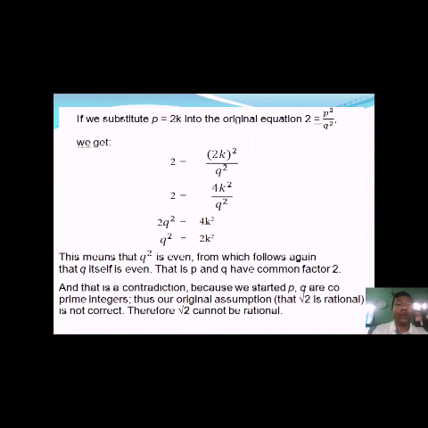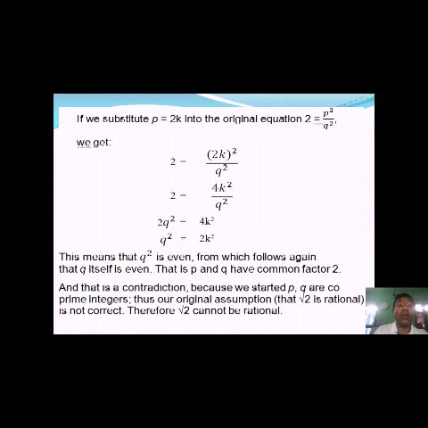If we substitute p equal to 2k into the original equation, that is 2 equal to p square by q square, we get 2 equal to twice k whole square divided by q square, which is also 2 equal to 4k square by q square. On transformation, we have 2q square equal to 4k square, implies q square equal to twice of k square. This also shows that q square is an even number. Since q square is an even number, q is also an even number.